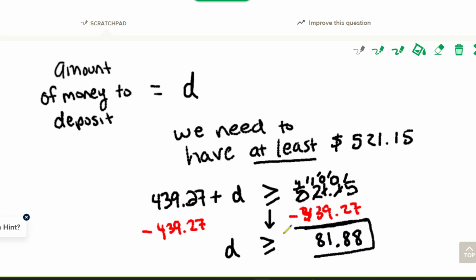Okay, here we have it. Put a little dollar sign. Remember what that meant. D was a deposit amount. So what I'm seeing here is that in order for the check to clear, in order to have enough money in my checking account to write this check for $521.15, I need to put in a deposit of at least $81.88.